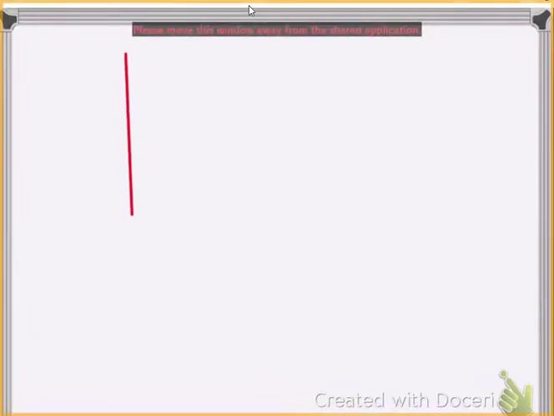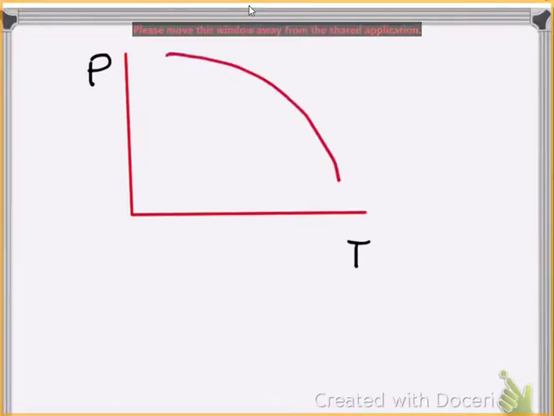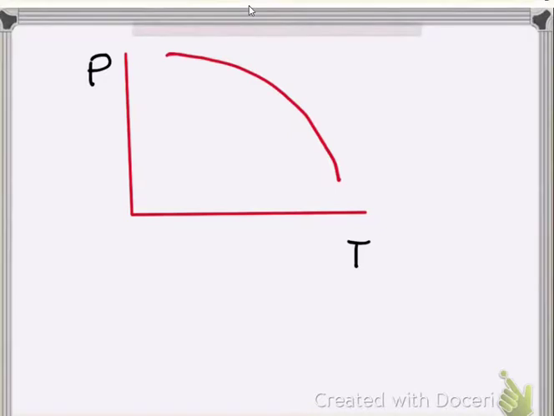Okay, so let's draw another one, another position time graph. Position is on the vertical axis, time is on the horizontal axis. Okay, so perhaps the next graph can look like this. And once again, we are going to draw equal time intervals.